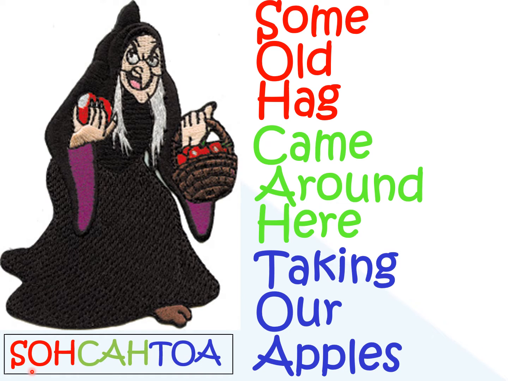The SOH stands for sine theta is equal to opposite over hypotenuse. CAH stands for cosine theta equals adjacent over hypotenuse. And then TOA stands for tangent theta equals opposite over adjacent. The SOHCAHTOA helps you a lot to remember how to solve your trigonometric ratios.